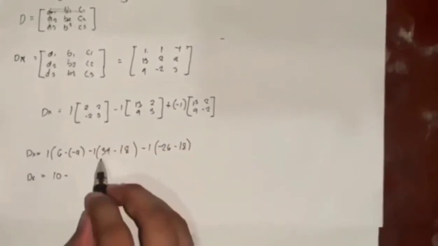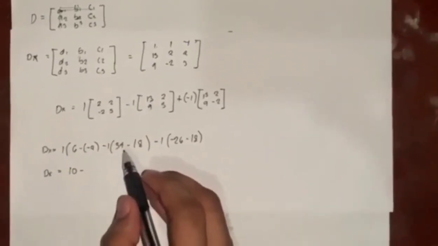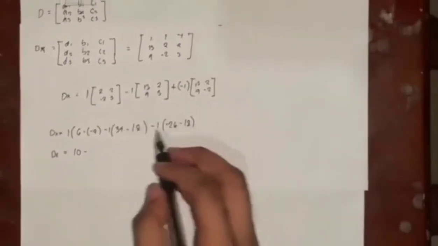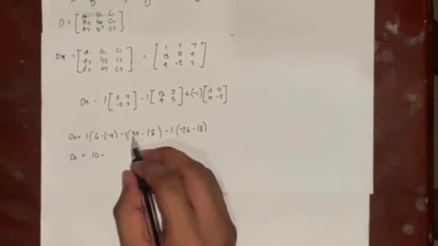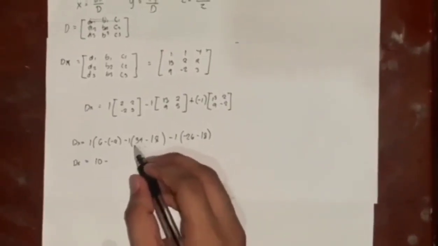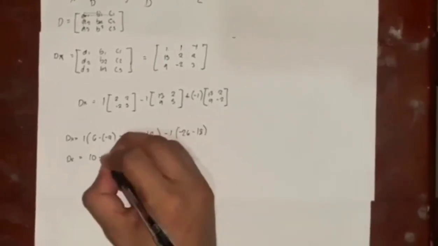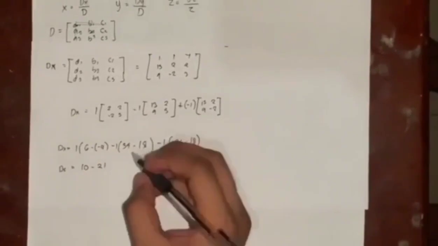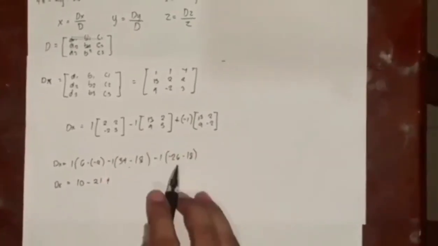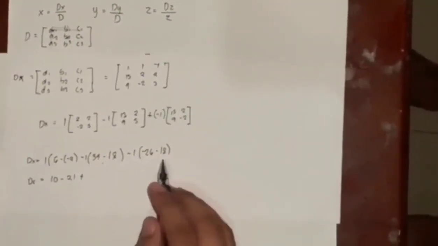Minus 39 minus 18, which is 21, times negative 1 is equal to negative 21, plus 18 minus 26 is equal to negative 44.